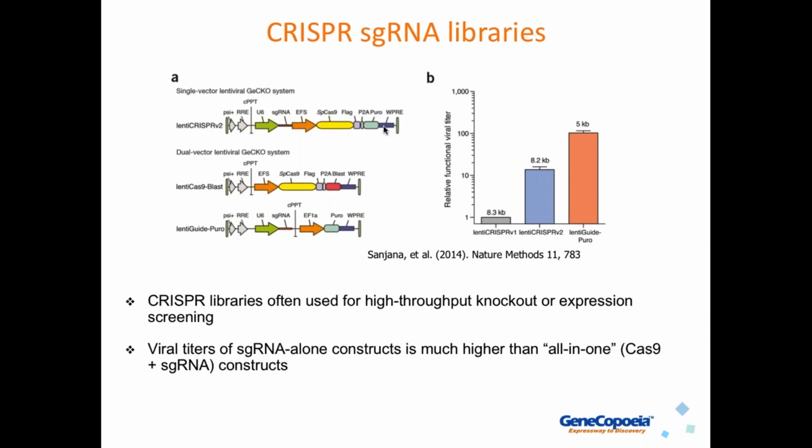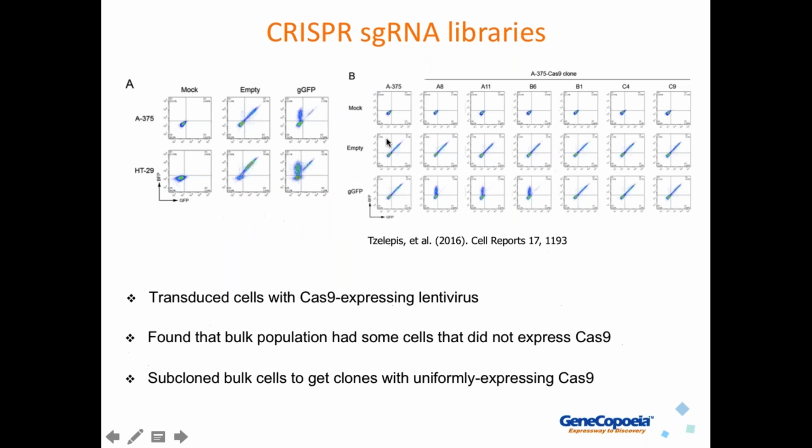So this can really make a difference in your screening assay if you're doing a CRISPR library screen. So again, we strongly recommend first using the two-component system and first establishing Cas9 expressing stable cell lines, and then using those stable cell lines to infect your cells with your single guide RNA libraries. Now again, those are whole genome libraries.